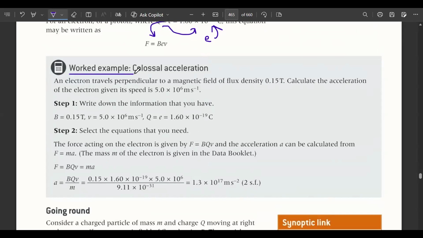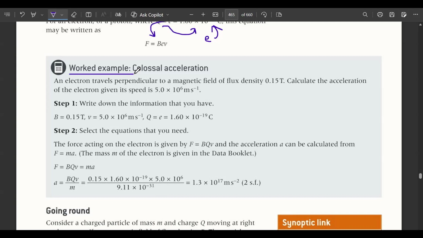They're solving for acceleration. What they do is they use the magnetic flux density, which is 0.15 Teslas, and they use the equation F equals ma and make it equal to BQV because F also equals BQV.